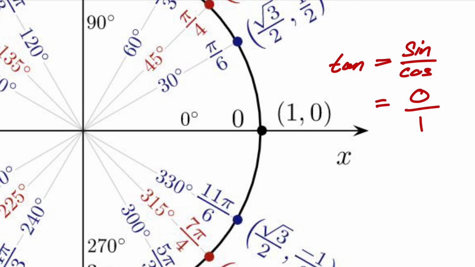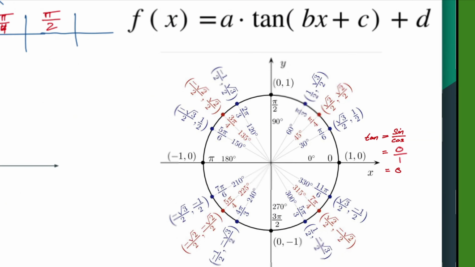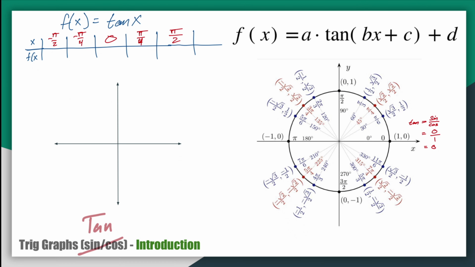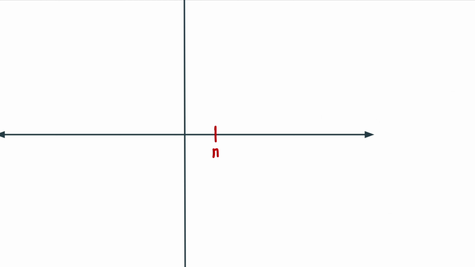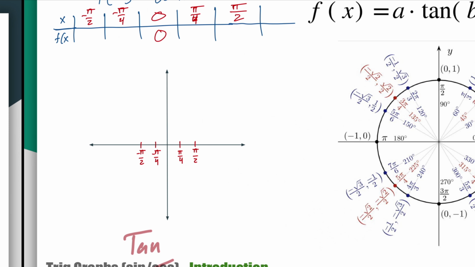Cosine is your x value, so that's 1, so it's equal to 0. No problem here. In fact, let's put some locations on our graph. So we're at the point 0, 0.